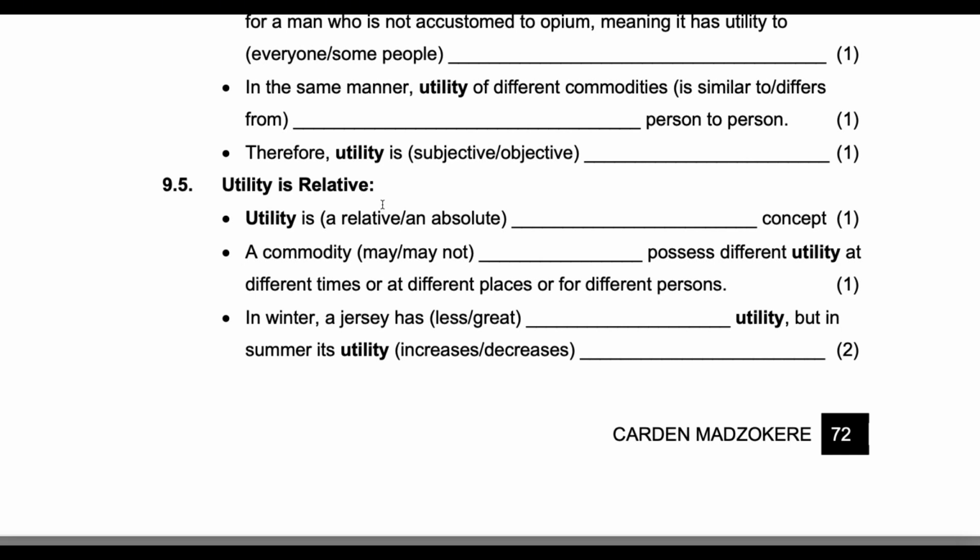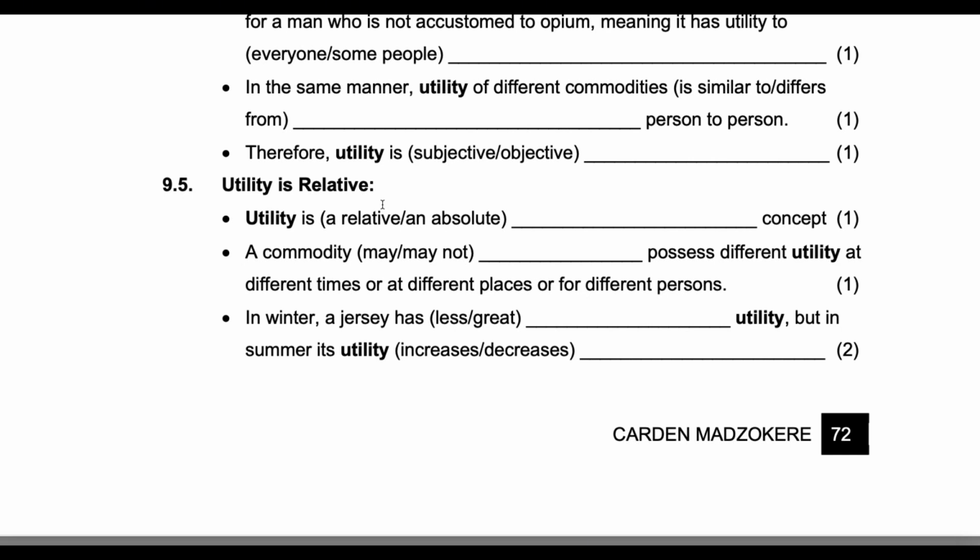It does not depend on seasons. It does not depend on any other item. It is absolute. If it's 4.5 meters, it stays 4.5 meters forever, the distance between the walls in this room. So that is absolute. But something relative is something that changes.